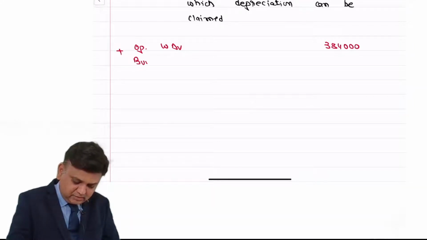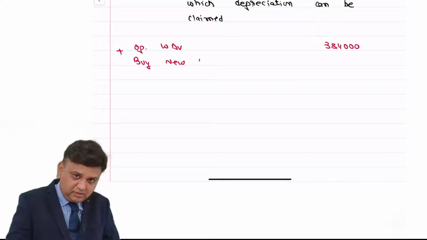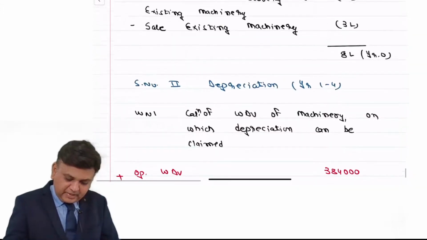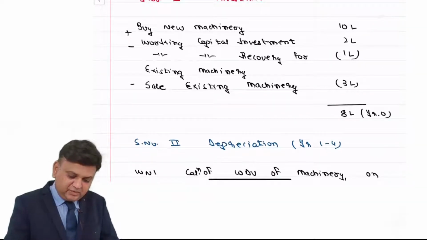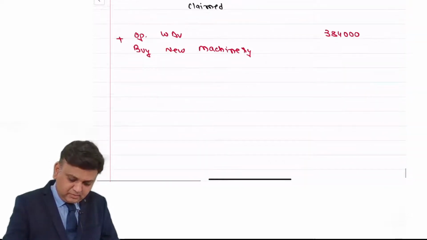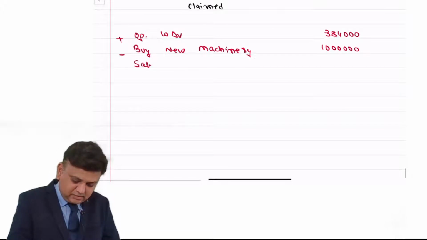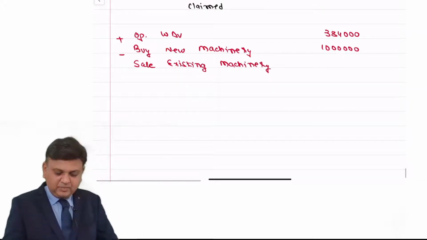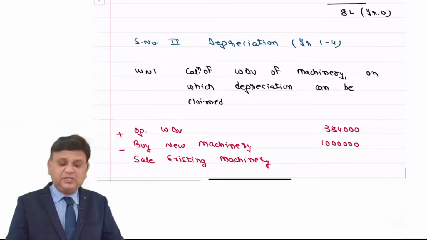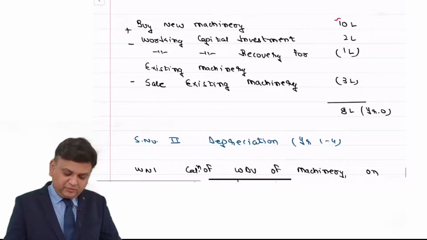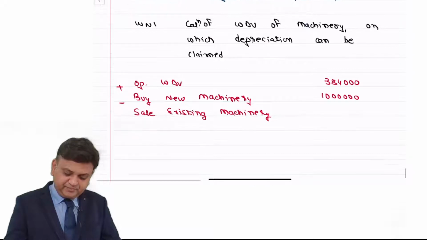plus buy new machinery. Purchasing of the new machinery will be an amount of rupees 10 lakhs, less sale of existing machinery. The existing machinery can be sold for an amount of rupees 3 lakhs.